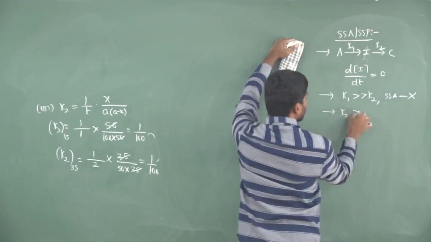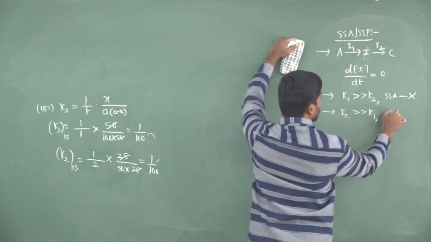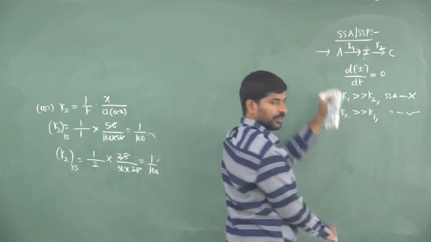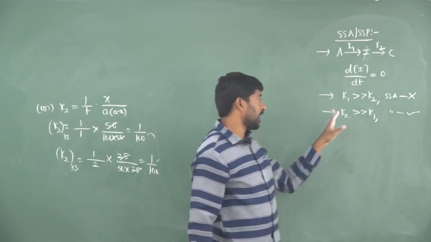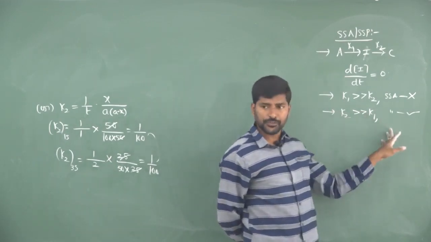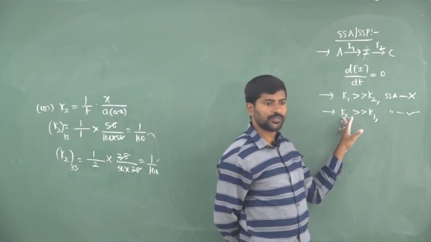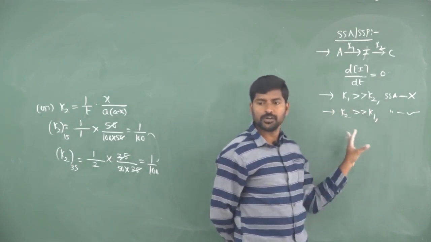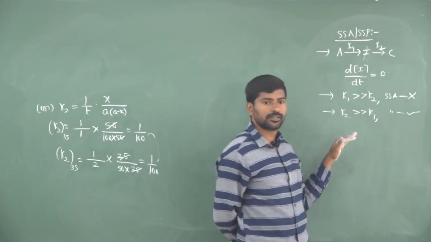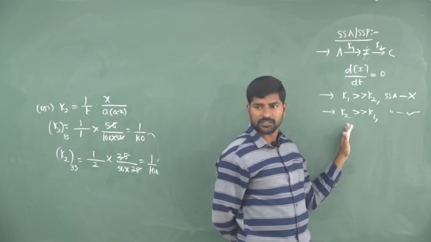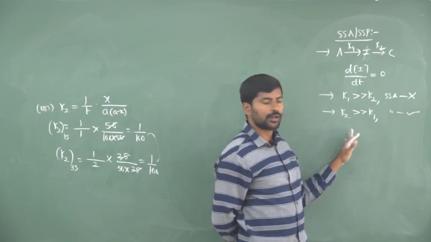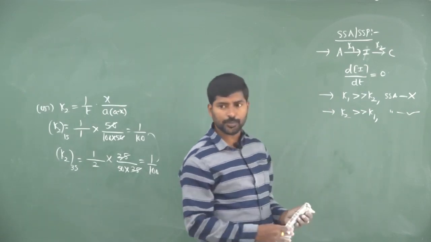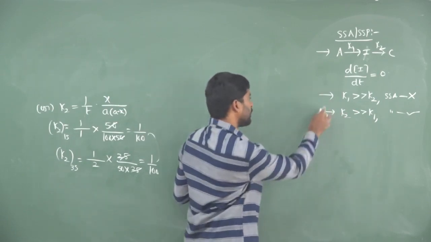If K2 is many times more compared to K1, in such a case steady state approximation is valid. As fast as it forms, it has to be consumed. Then only its concentration is maintained low and constant. So only then is steady state approximation valid.